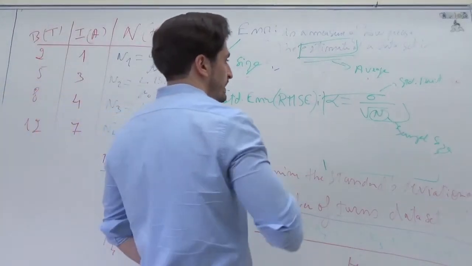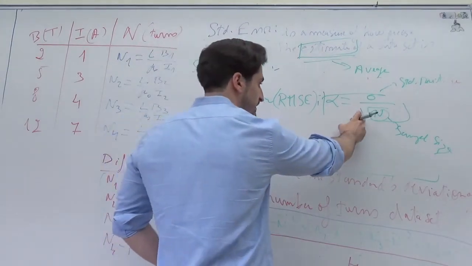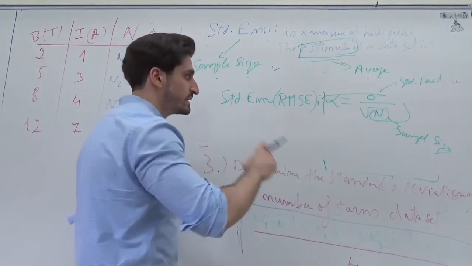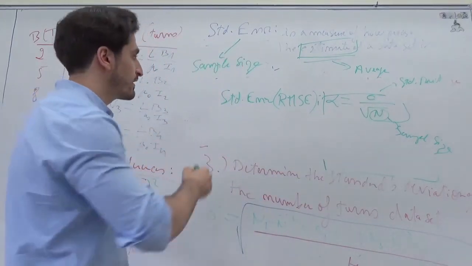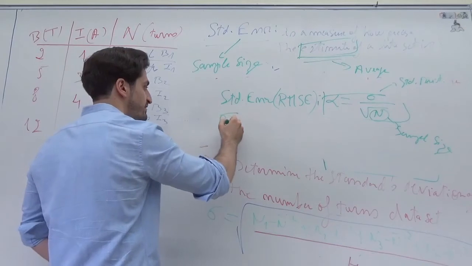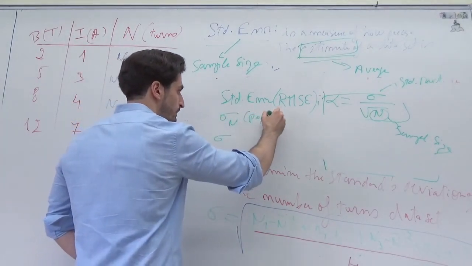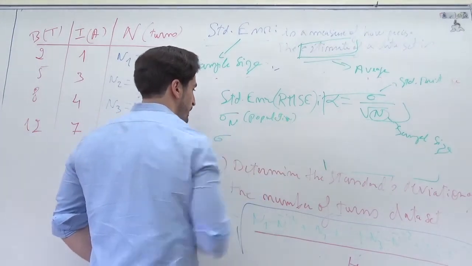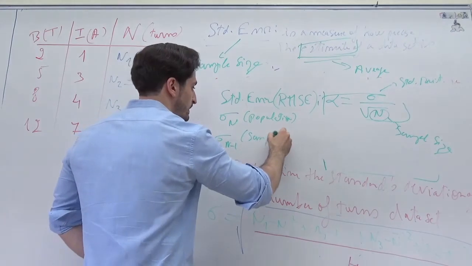Now, over here we need to point out one thing, that the denominator in the error is going to be dependent on the order of sigma. So before we saw that we have two orders of sigma. We have sigma n, which is for the population, and you have sigma n minus 1, which is for the sample.